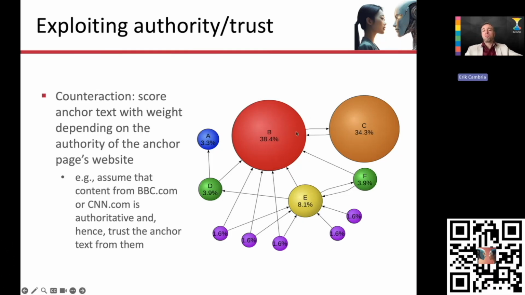But when we talk about inlinks, we're talking about another page referring to our page. And in this case, supposedly the score of C should be low because I'm only getting one inlink. But the thing is that it's coming from this very authoritative page that has a 38.4% probability to be visited.